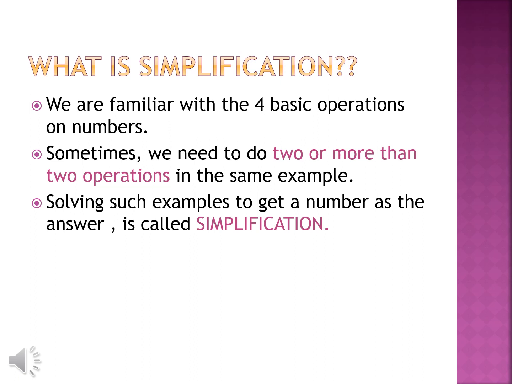If we get only one operation like 5 plus 3, that is 8, it is okay. If I get more than 2 operations, like 5 plus 3 minus 1, so 5 plus 3 is 8, minus 1 is 7. So there can be more than 2 operations in the same example.